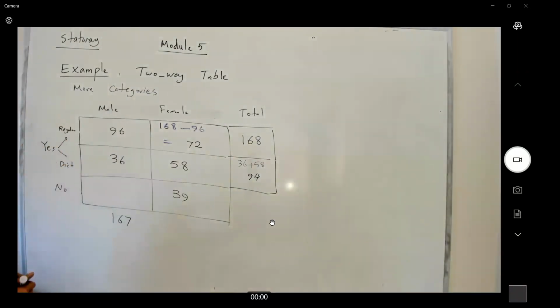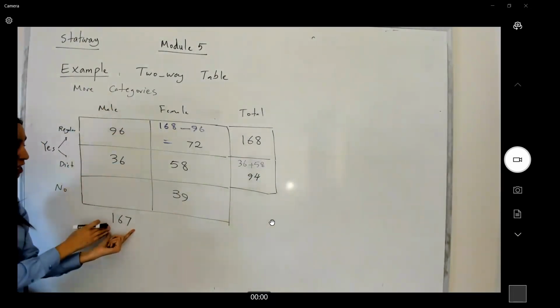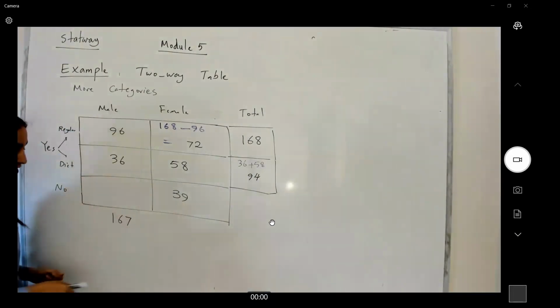Perfect. You already know that the number of males who are drinking soda on a daily basis is 96 plus 36. You don't have the number of males who don't drink soda on a daily basis. But you know the total of males who participated in this survey is 167.